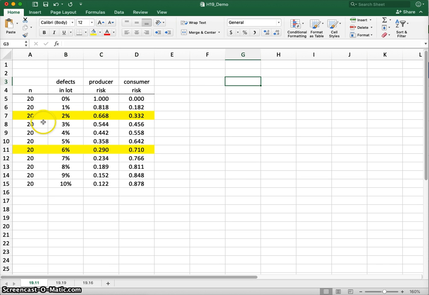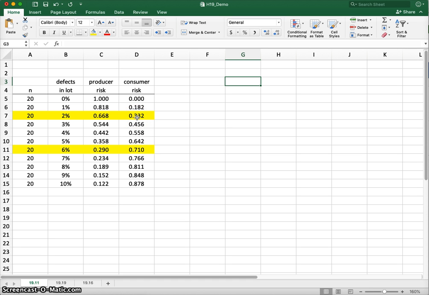Okay, so I take a sample of 20. There's actually 2% of the items in the truck that are defective, and I find one defect. What's the producer's risk of rejecting a good lot if I find one? So it's 66%, and the consumer's risk is 33%.